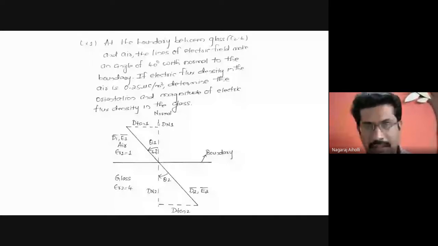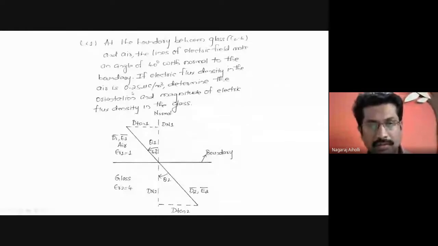Because here they have given 0.25 microcoulomb per meter square, the 0.25 into 10 raised to minus 6 is missing here. Make a note of it. So Dn1 will be equal to cos 40 into 0.25 into 10 raised to minus 6. This will be 0.1915 microcoulomb per meter square.